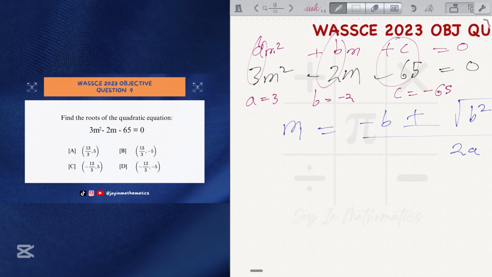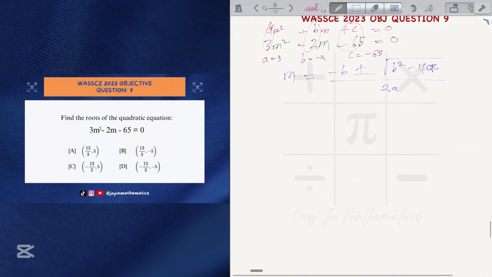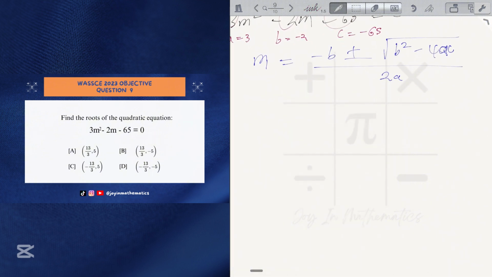So in view of that, we can now find the values of m as we proceed. Let's apply the formula now. m equals minus b. b is minus 2, so we have minus into minus 2, plus or minus the square root of b squared, which is minus 2 squared, minus 4ac.